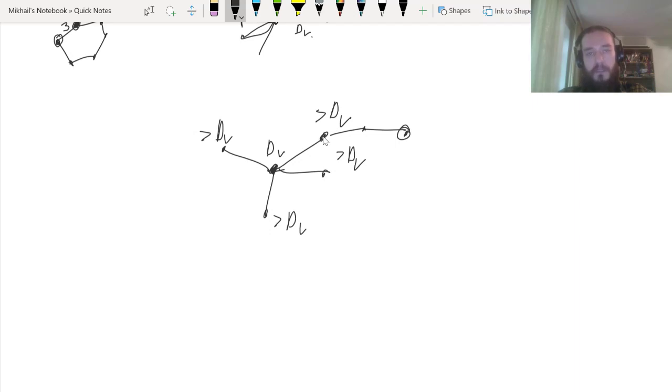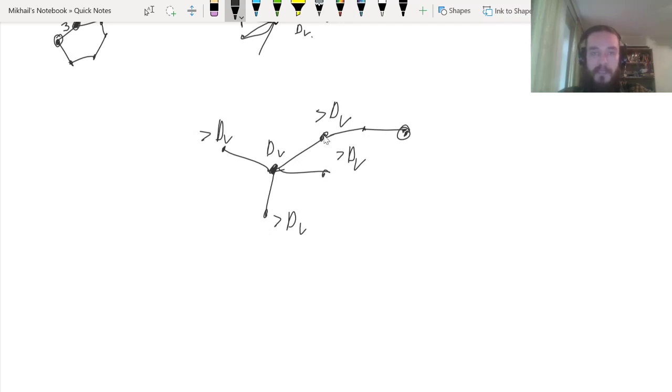Okay, but then this neighbor, regardless of its color: if it's black, then it has a path to this white vertex that's shorter than dv, but it has distance larger than dv, so that's not possible.